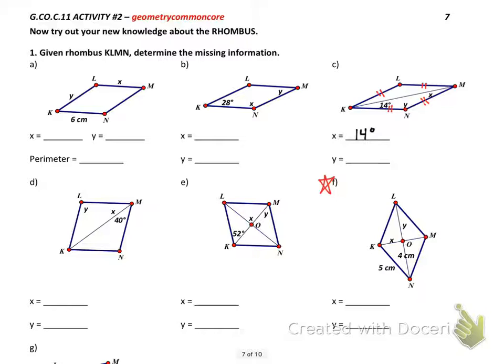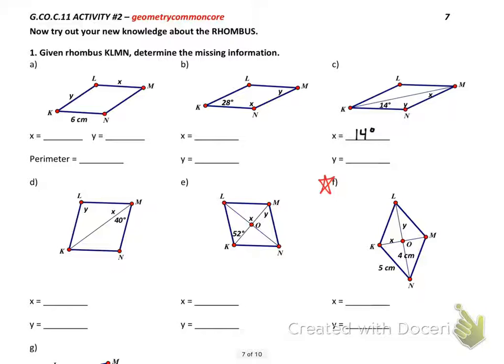Isosceles. We now have an isosceles triangle. And if it's an isosceles triangle, then we know the base angles of isosceles triangles are congruent. So 14 and the x there are our base angles, so they have to be congruent. So again, different ways of thinking about it, but we can get to the same answer. That one's really not too difficult. I mean, I don't want to say it's not too difficult, but all things considered, I think students are able to find that one pretty easily.